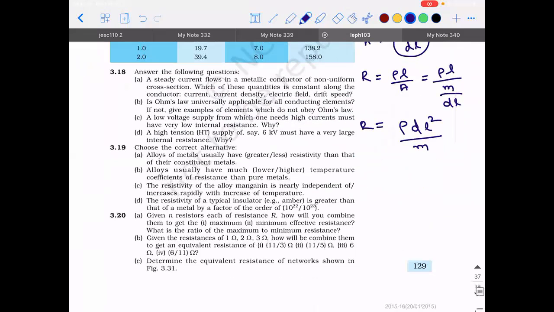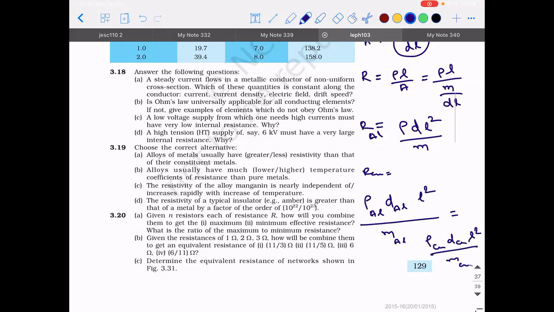Since resistance of aluminum and copper are the same, I will write resistivity of aluminum into density of aluminum into L square, the whole divided by mass of aluminum, will be equal to resistivity of copper into density of copper into L square divided by mass of copper.